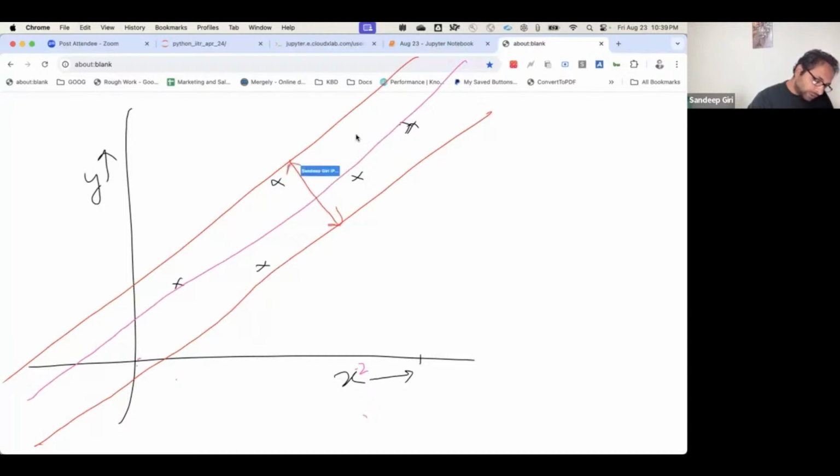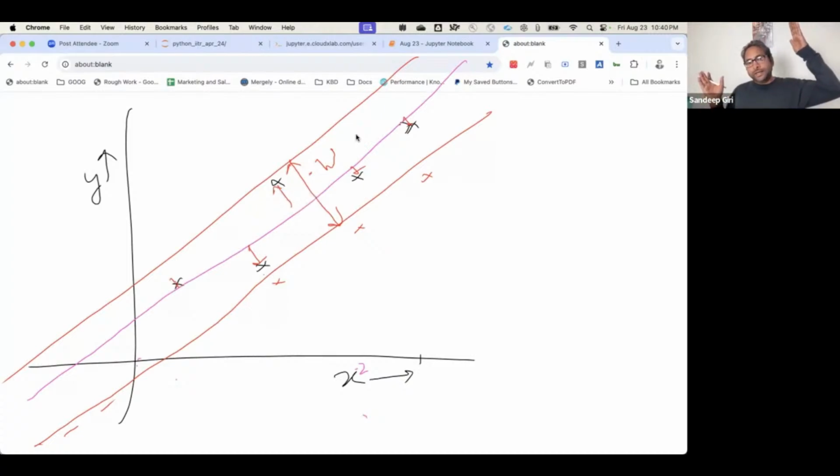One is called the width of this street, and second is called the error, that these points should not be outside of this street, or the distance between the central line and this. So now we are optimizing two things.